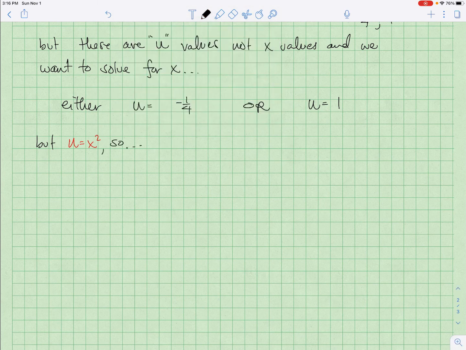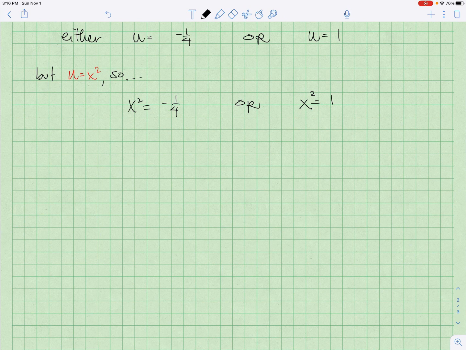So x squared equals negative 1/4, or x squared is equal to 1. And now I can use the square root property that says x is plus or minus the square root of negative 1/4, or x is plus or minus the square root of 1. Now this is easy enough. This is just plus or minus 1 on the right side.